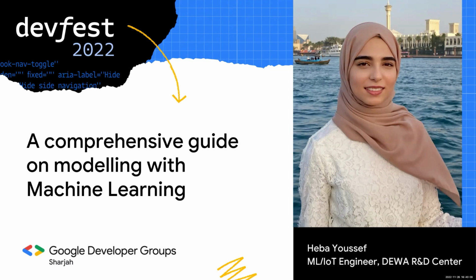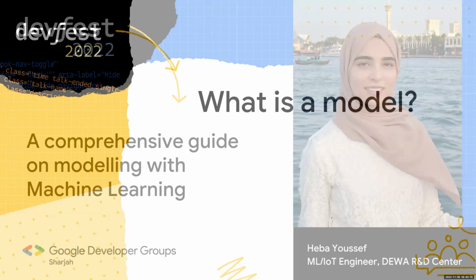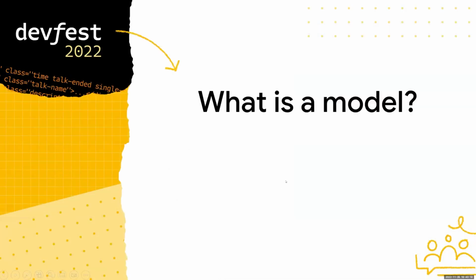So first of all, a very important concept is a model. I wanted you to understand what is a model. And this is something that's very important even in physics or other sciences. I remember when I was in 12th grade, the physics teacher, that was the first thing he explained when he entered the class, explained what modeling is.